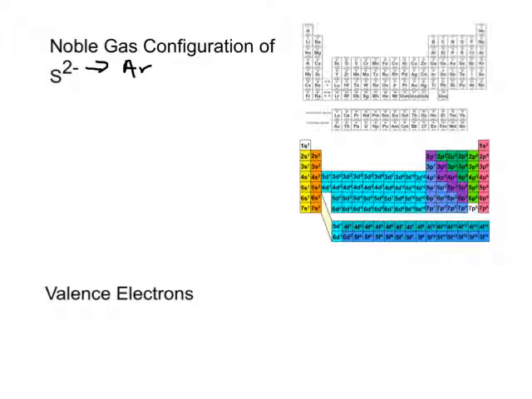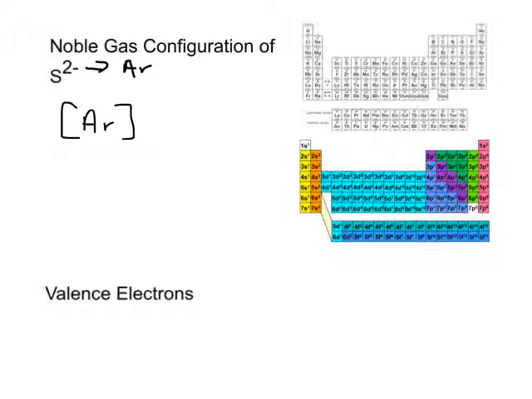So looking at this, here would be sulfur at 3p4, sulfur 2-, so it's gained 2, so I'm really writing it as if I'm going to 3p6. And the nice thing about this, Ar is a noble gas, and the noble gas configuration of a noble gas is a noble gas. How convenient. That's all I have to write, because it's a noble gas already.